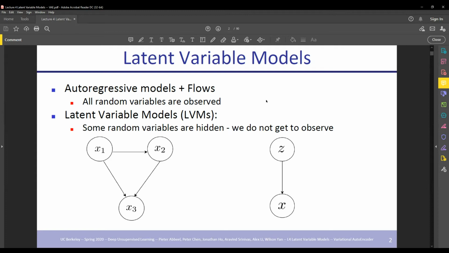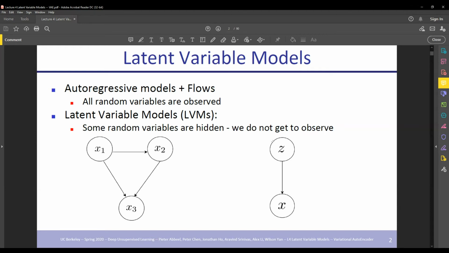From that, we can figure out what our data distribution is. That's the source of the latent variable models. Specifically, what we are headed towards are things like variational autoencoders and importance weighted autoencoders and all of the variations thereof, which are again techniques for learning in an unsupervised way.